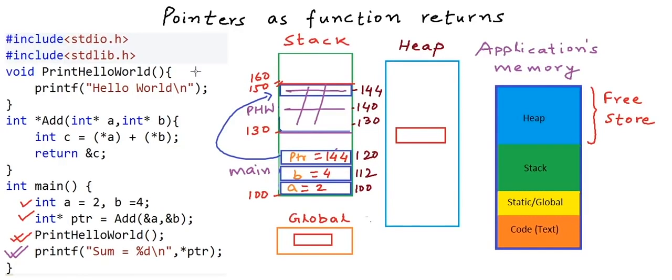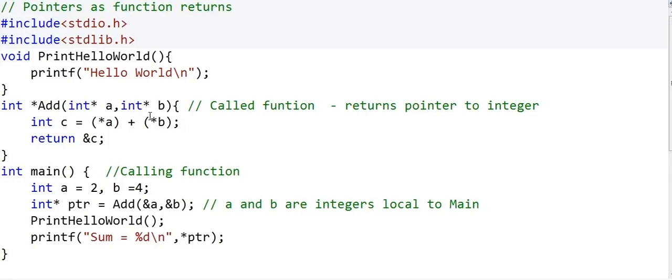I can use malloc, or the new operator in C++, to get some memory on the heap. So if I modify my code something like this, I will declare this c as a pointer to integer and get some space allocated on the heap using a call to malloc. Now malloc is a library function that returns a pointer to an address which is on the heap.